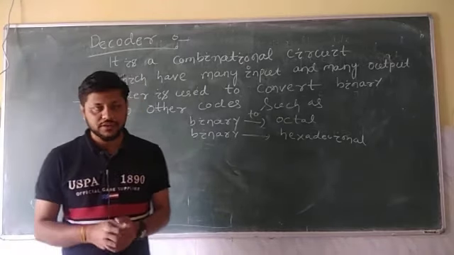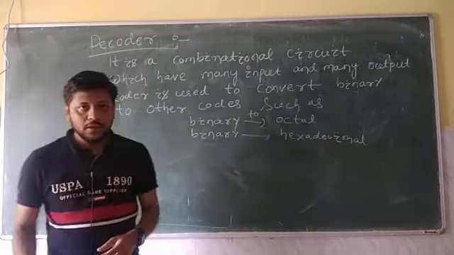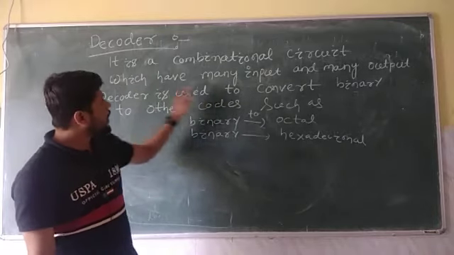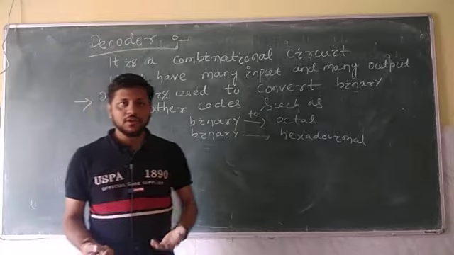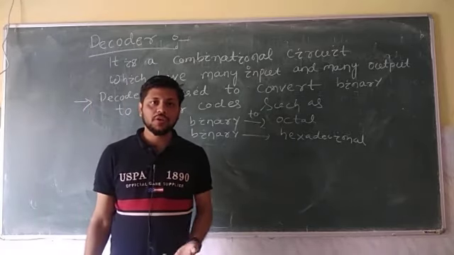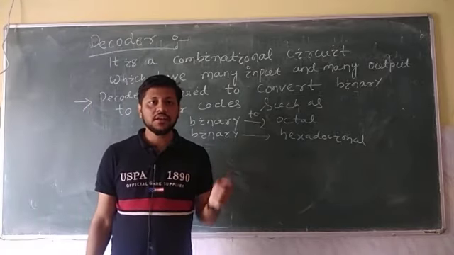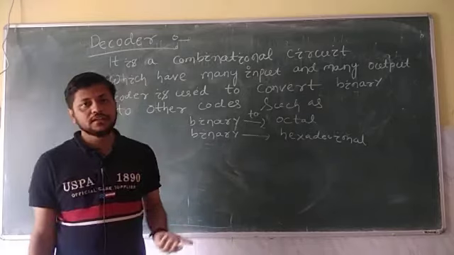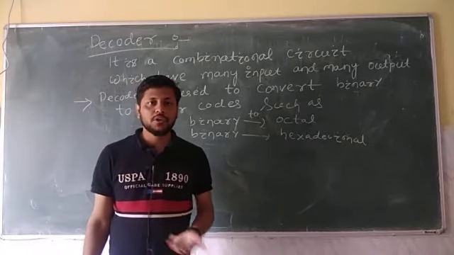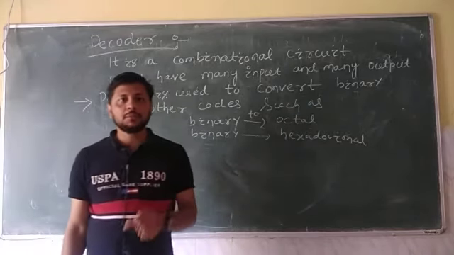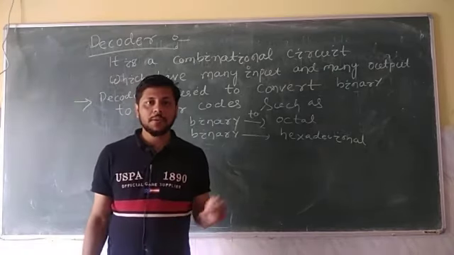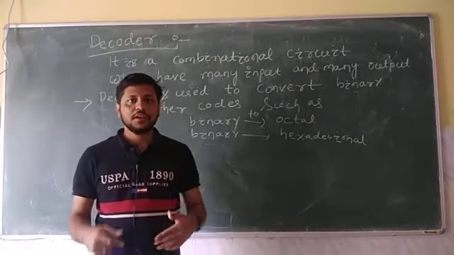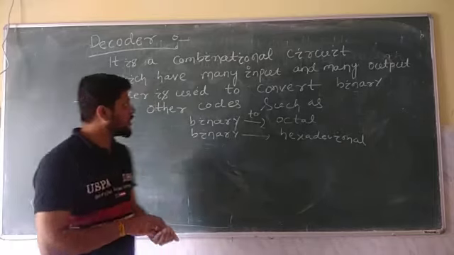So decoder is a combinational circuit which has many inputs and many outputs, not like your demultiplexer or multiplexer. In case of a multiplexer we have many inputs and a single output. In case of a demultiplexer we have a single input and many outputs, but in case of a decoder we have many inputs as well as many outputs. This is very important.